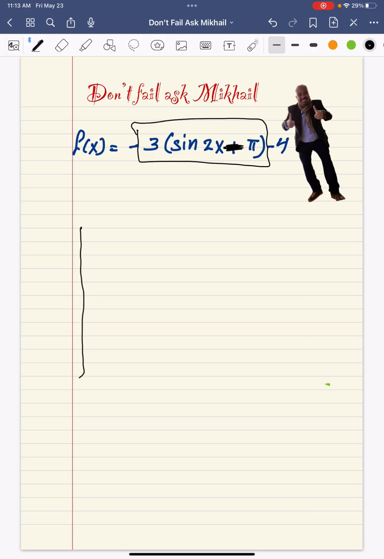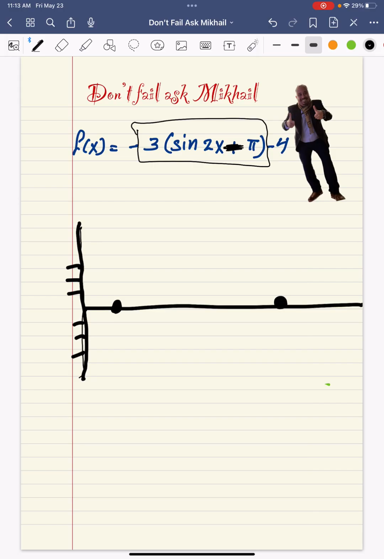Amplitude now is 3 instead of 2. So for the amplitude, I'm going to start from here. The amplitude is 1, 2, 3, 1, 2, 3. And you have the start and the end point. This is the highest point, the max and the min.